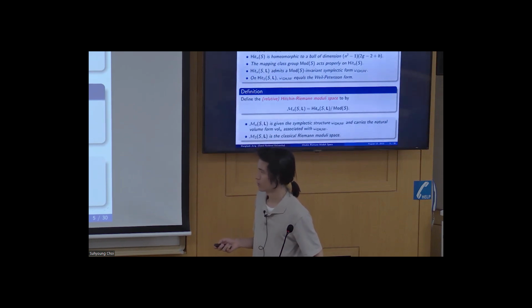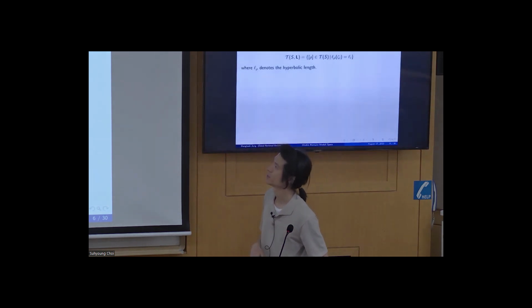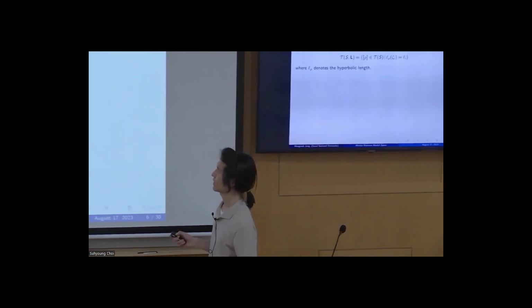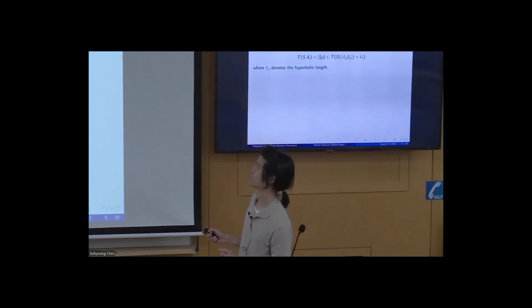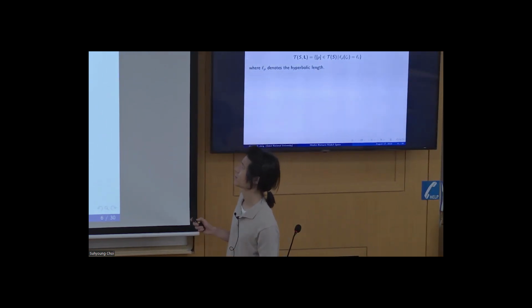When you restrict to the n equals 2 case, this is just the classical Riemann moduli space. For the classical case, choosing a hyperbolic element is nothing but choosing a boundary length, so the relative Teichmüller space can be written in this way, where the length of a boundary curve is precisely the prescribed length.